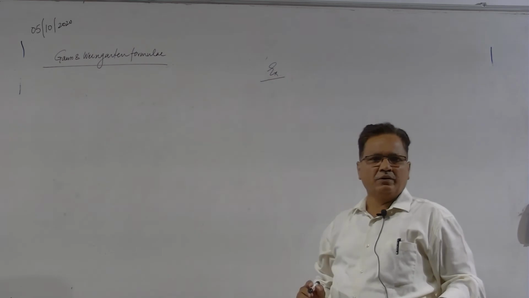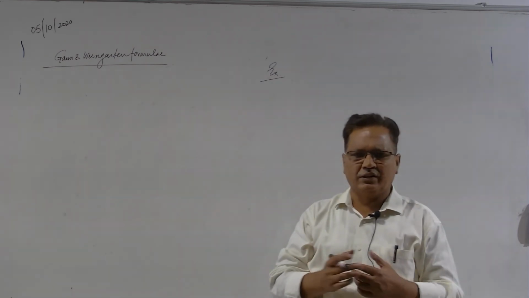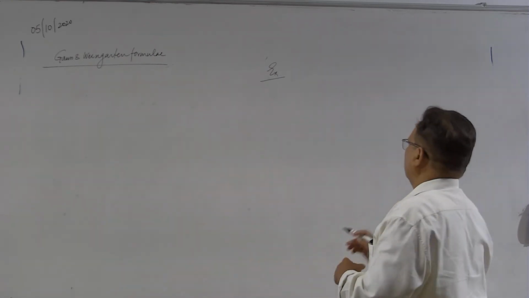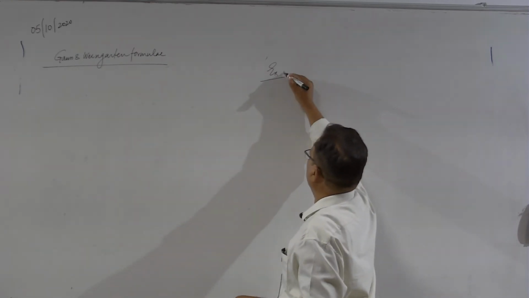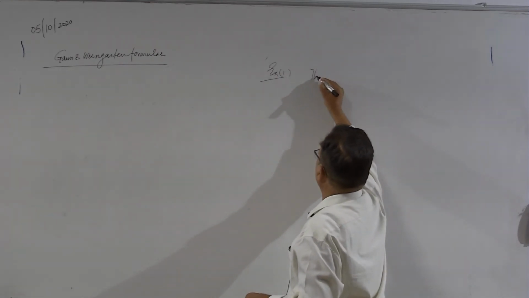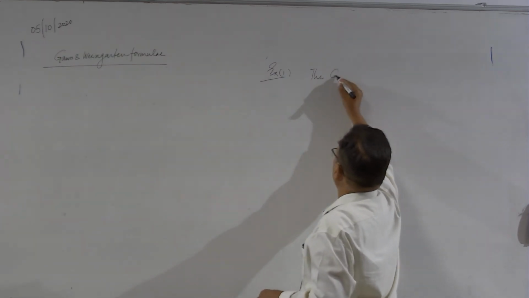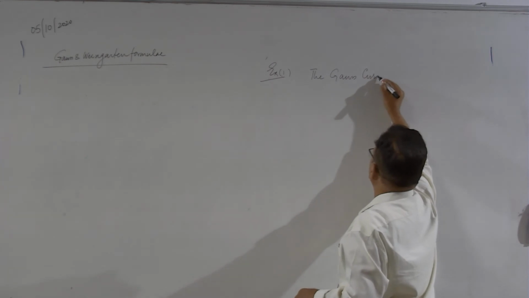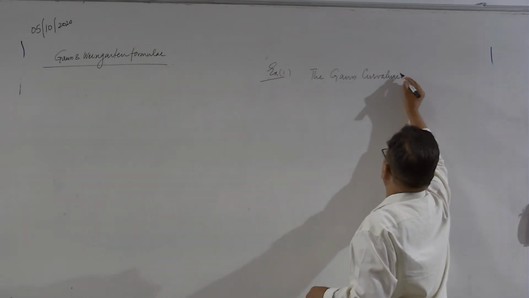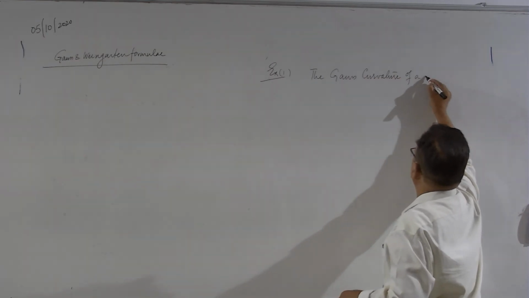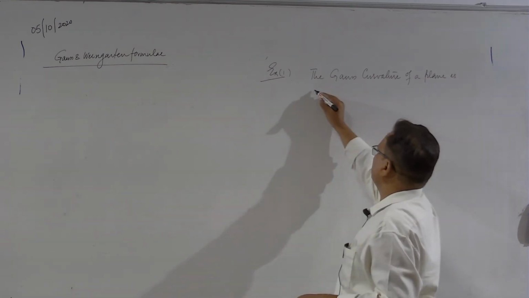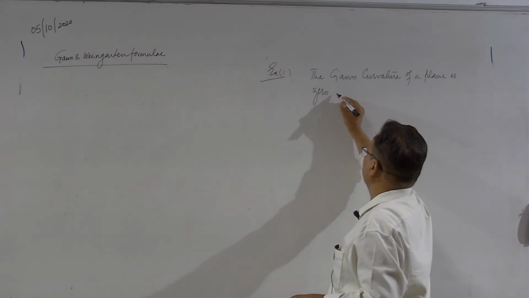For example, you would like to see whether the Gauss curvature of a plane is 0 or not. The answer is yes. The Gauss curvature of a plane is 0 at all points.